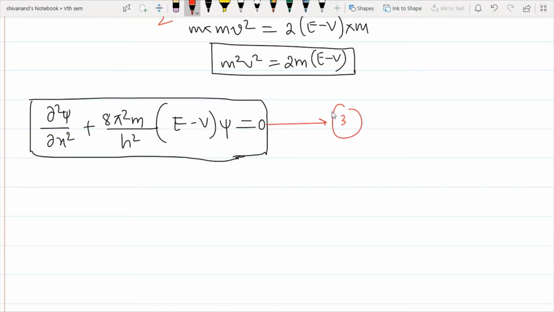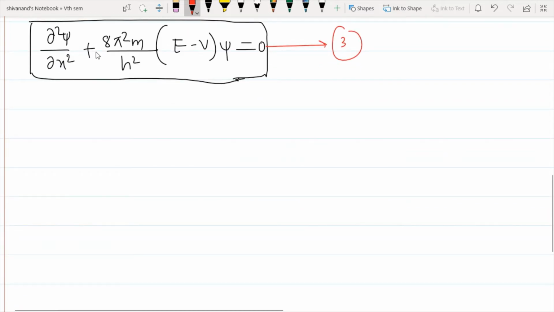This is the standard formula for the Schrodinger time independent wave equation in one dimension, as the function depends only on x.